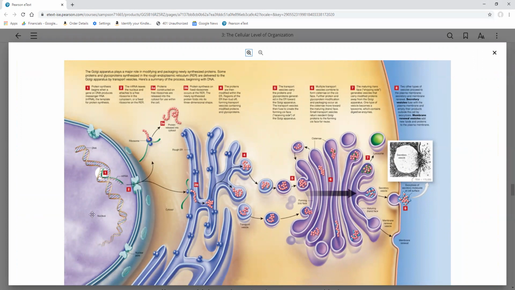So what we have here is a cell, obviously, and there's our phospholipid bilayer and another bilayer here on the nuclear envelope with the nuclear pores. And we'll come back to this and talk more about transcription and translation in a bit. So here's the DNA, here's the nuclear pore and the nuclear envelope, the chromatin, and remember chromatin is uncoiled DNA.